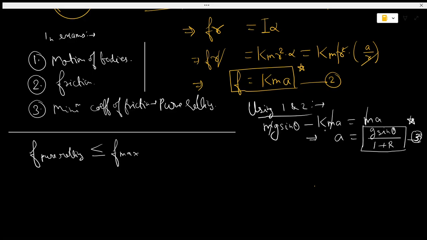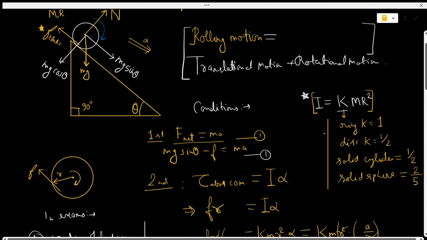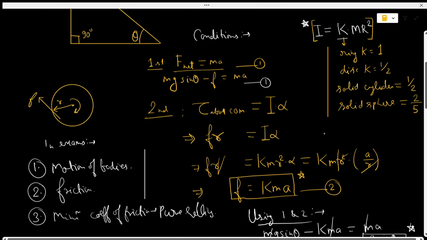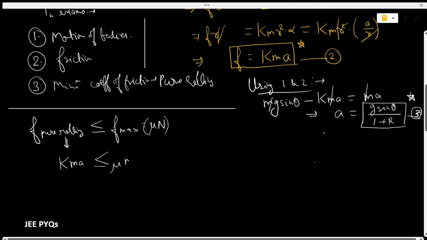And what is F max? Mu into N, the normal, right? And if we write the friction for pure rolling, it is kma, which we just derived here, and it should be less than or equal to mu N. And what is N? N is mg cos theta. So kma should be less than or equal to mu mg cos theta, right?